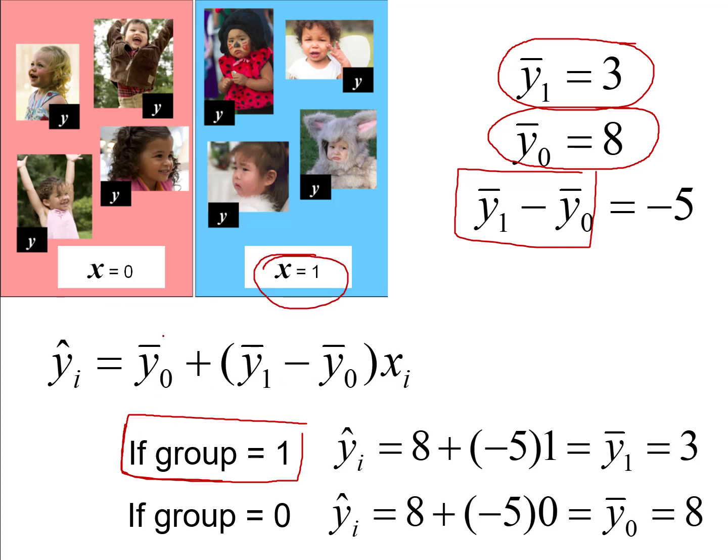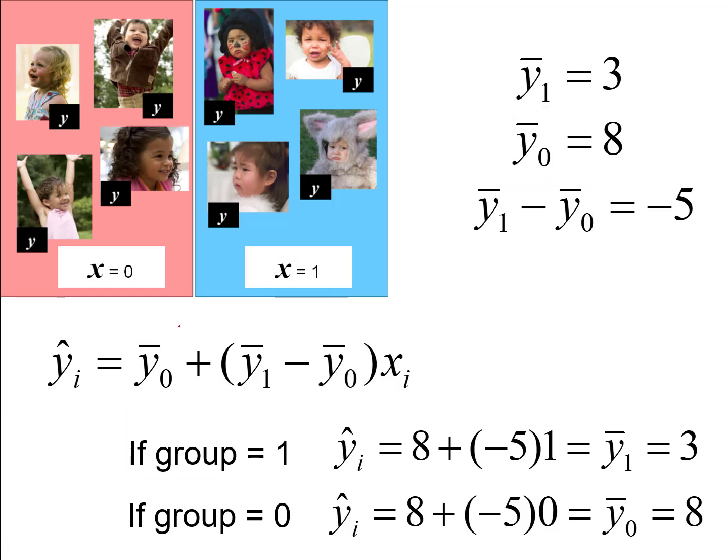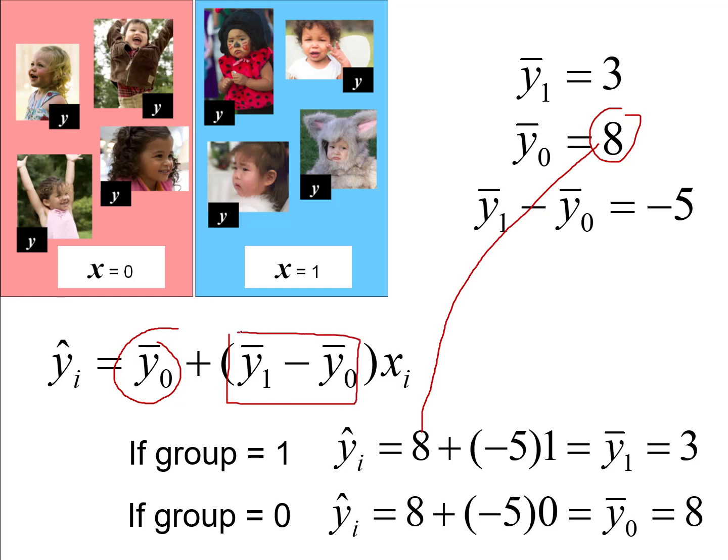So this equation becomes, here we'll take the mean for our control group, which had a mean of 8. Let me erase everything here so we can see what we're doing. So I'm going to take the mean for my control group, which is equal to an 8, and plug that in right here. And then the difference between the two groups, y bar 1 minus y bar 0, is a -5, so I'm going to plug that in right here.